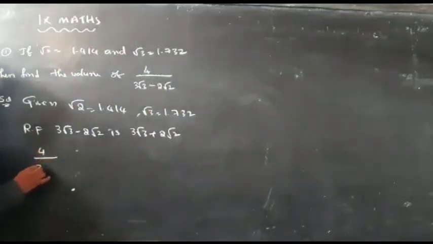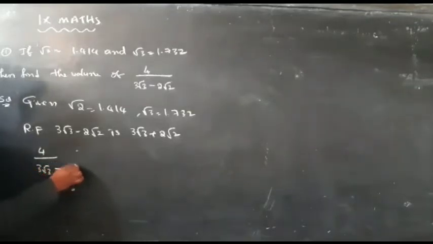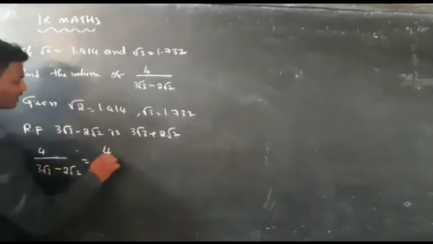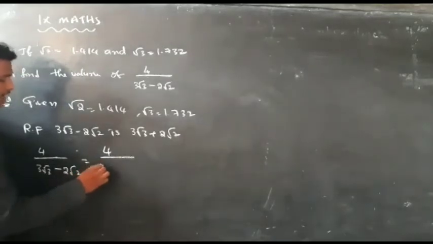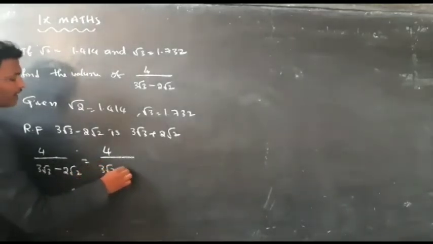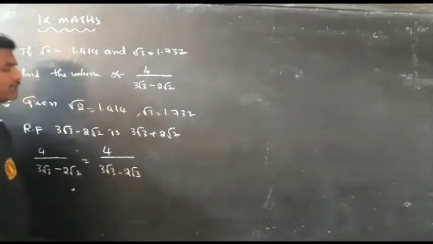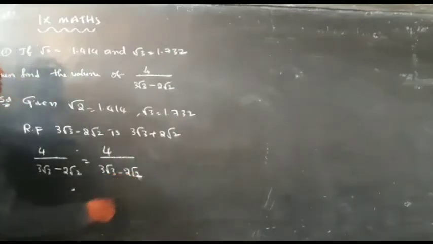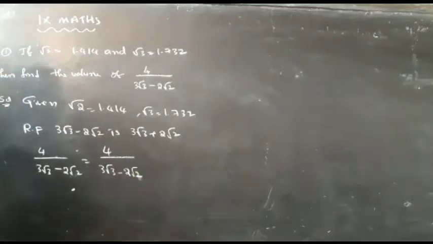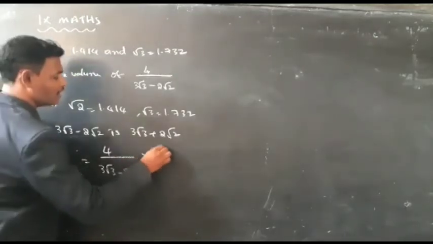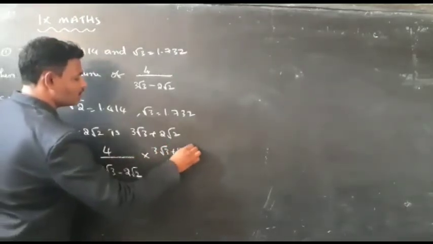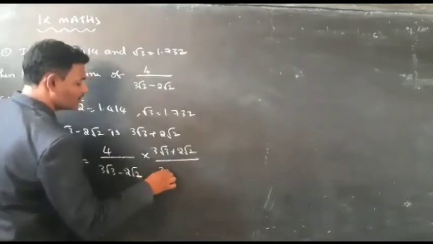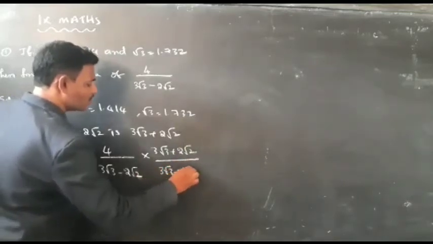Then 4 by 3 root 3 minus 2 root 2 is equal to, with the rationalizing factor, I am multiplying the numerator and also denominator. 4 by 3 root 3 minus 2 root 2 into 3 root 3 plus 2 root 2 by 3 root 3 plus 2 root 2.